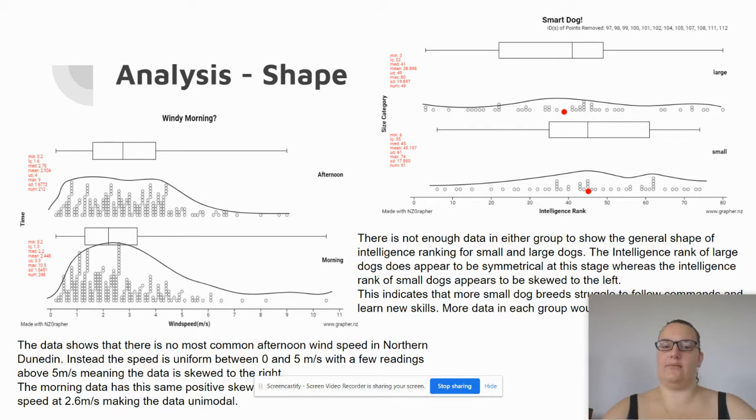Okay. And then what does this indicate, which is what it's hiding, is that this indicates that more small dog breeds struggle to follow commands and learn new skills. More data in each group would give a better shape and more information. So as I said, you'll have access to these slides, so you'll be able to see how to analyze shape.